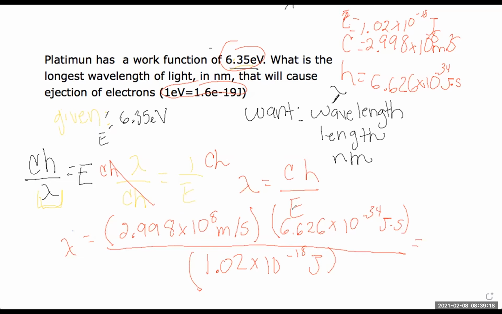And when you plug all that into your calculator, what do you get as an end result? Plug it in. 1.95 times 10 to the negative 7.